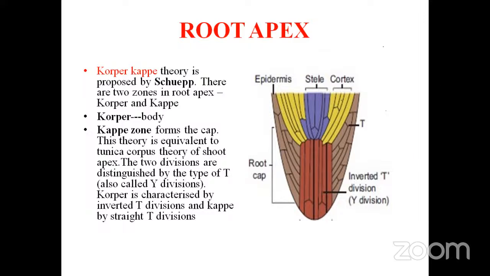There are two regions. What are the two regions? Korper and Kappe. Right. The Korper forms the body and the Kappe zones form the cap. Simple.